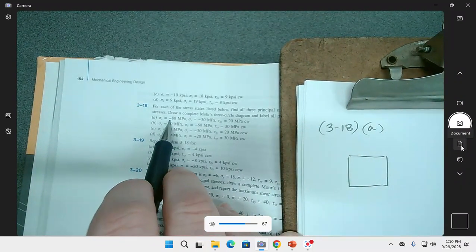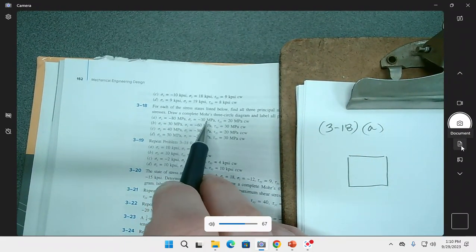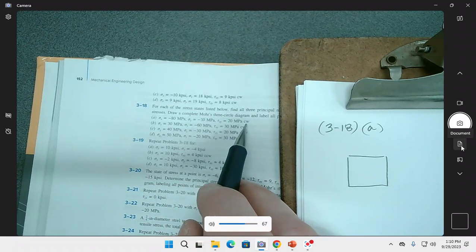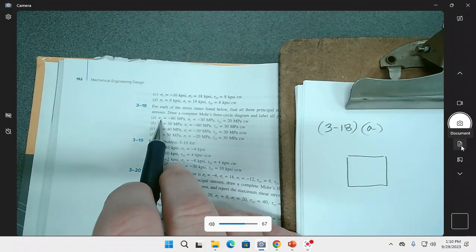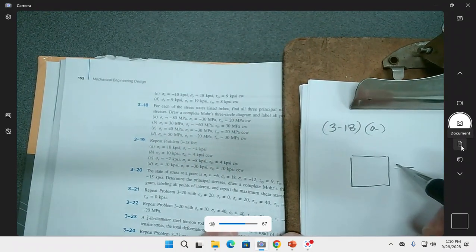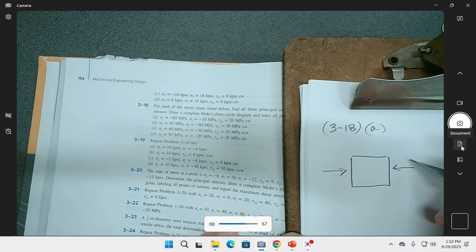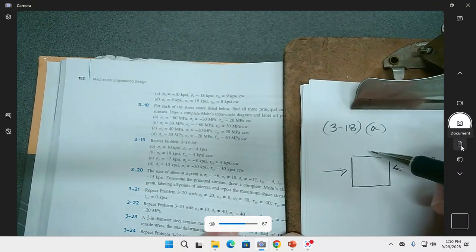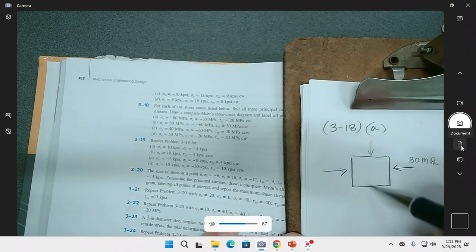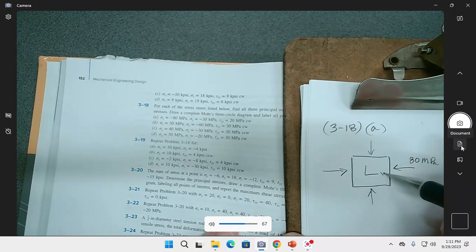You see we have a -80, a -30, and 20, but it's clockwise. Okay, so this is a tau xy. So in the x direction, we're going to have 80 megapascals, and in the y direction, right? So apparently this is the xy. That's good to know.